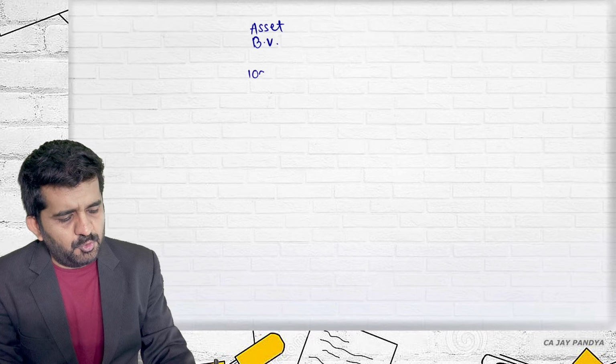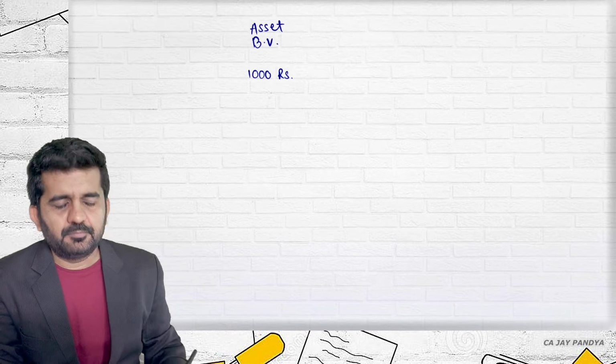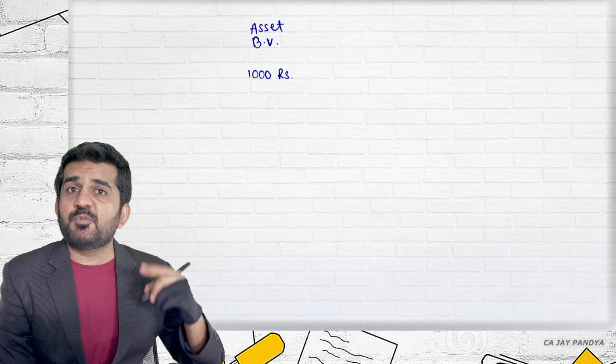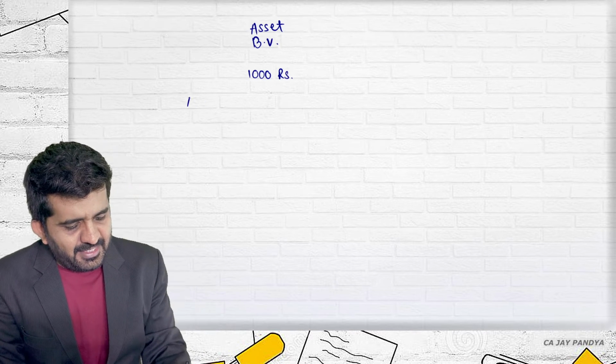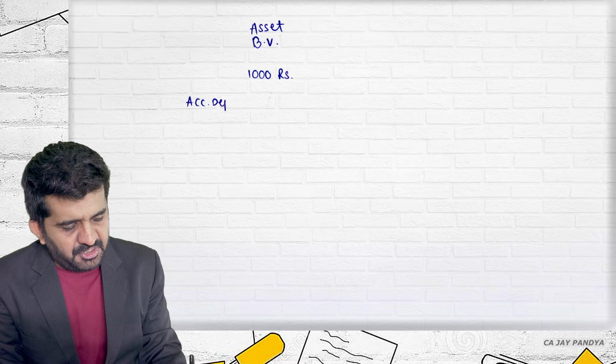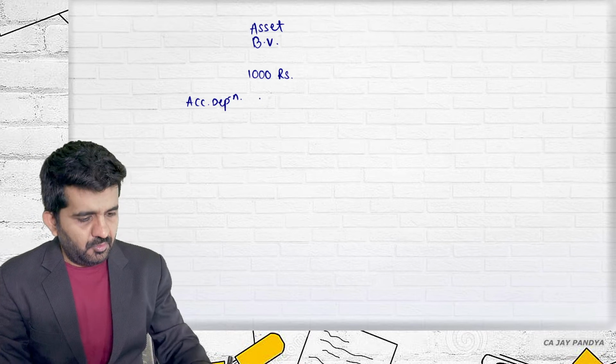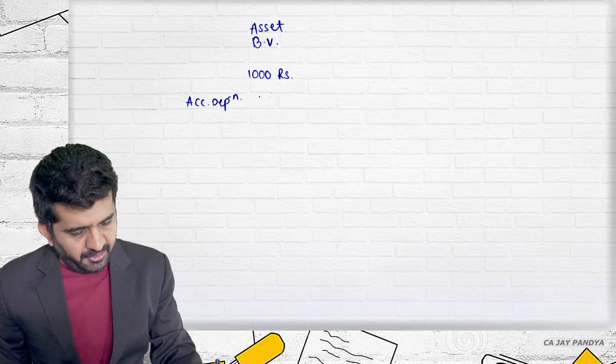So we have understood the treatment, and let me take a couple of examples to solve it. Is it all right? Try to concentrate. My book value of the asset currently is 1000 rupees. This is the first time revaluation happening, and there is an accumulated depreciation of say 400 rupees.